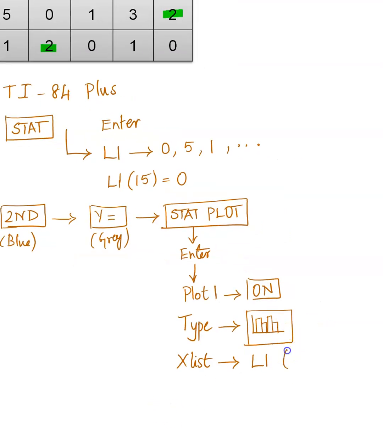Because if you press second and the 1, you see that the blue key is the highlighted one in the background. These are multifunctional keys; one key does many things. If you just press the 1 button, it of course types the 1.